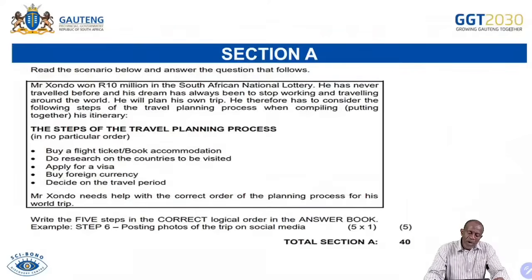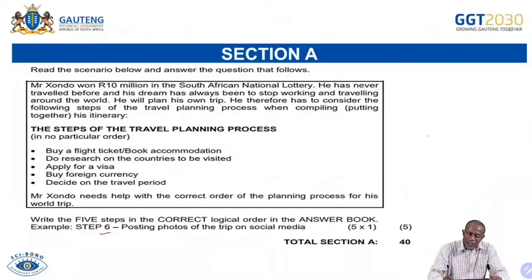So the steps of the travel planning process are given to you in no particular order. Mr. Kondo needs help with the correct order of the planning process for the world trip. Write 5 steps in correct logical order in the answer book. Example, step 6 here.